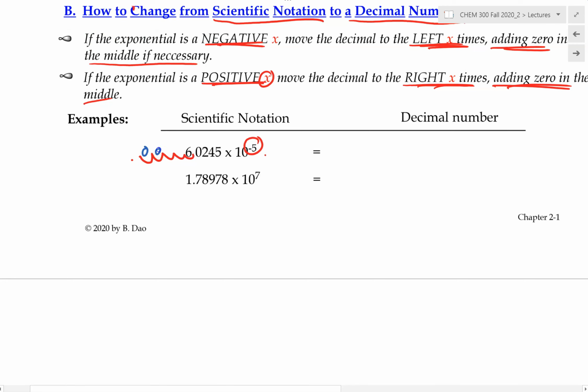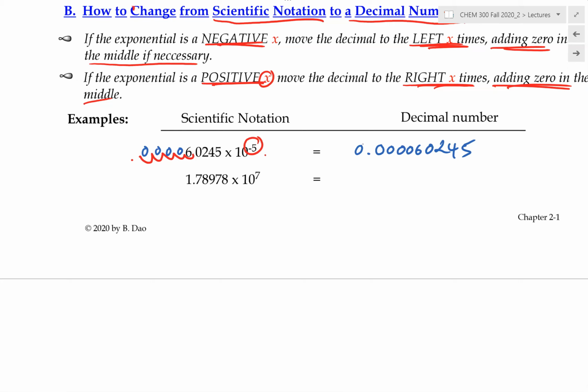So 1, 2, 3, 4. So depending on how many times we place it, we now have to add in that many 0. In this case, we have to add in 4 0. So this value becomes 0.000060245. And there you go. Now we can add in another 0 before the decimal point, which is fine. Or if we leave it out, that's fine as well.